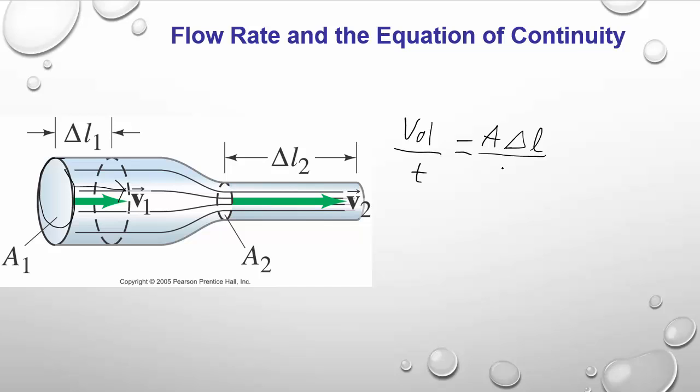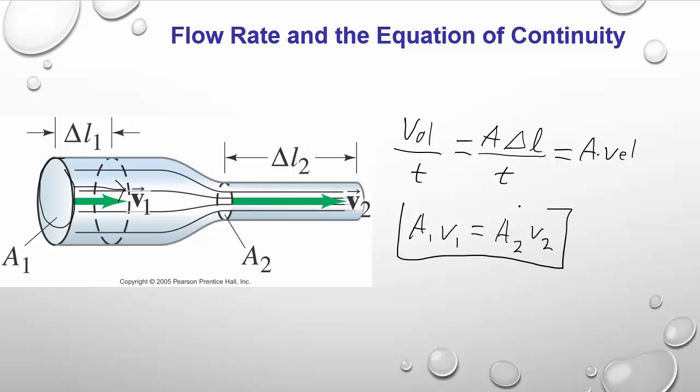Then that was done in a certain amount of time. Well, this length over this time is just the velocity, so the volume per time is equal to the area times the velocity of the fluid. Because this is constant, we say that A1 V1, where V is the velocity, equals A2 V2. And this is our equation of continuity.